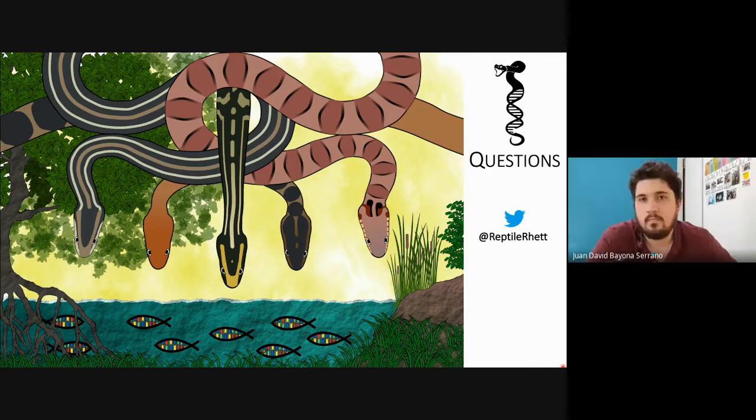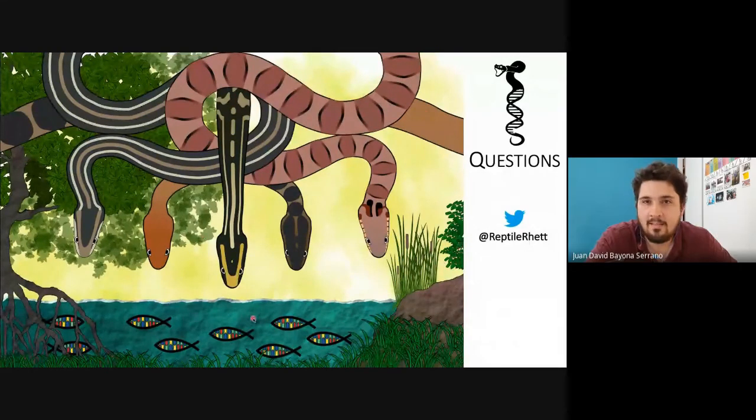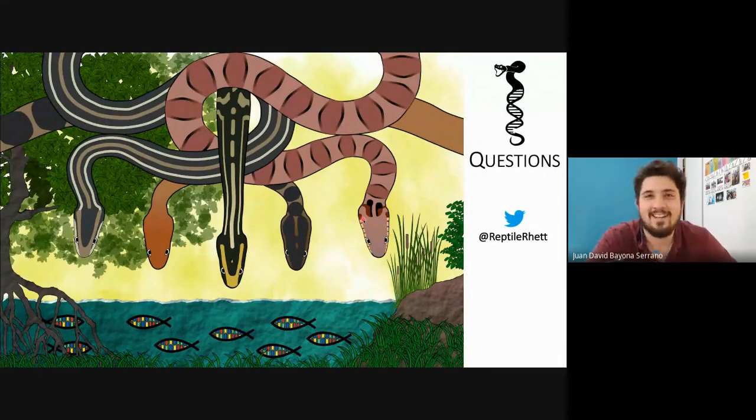Rhett, are those the actual patterns of the snakes? That's cool. Yeah, this is the general patterns of the snakes. I made this. You trying to get that MBE cover? Yeah, I'm trying to get that cover. Oh, if it were up to me, you'd get it. Definitely, it's really cool. We'll see.